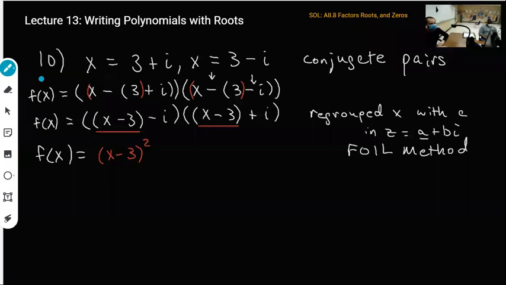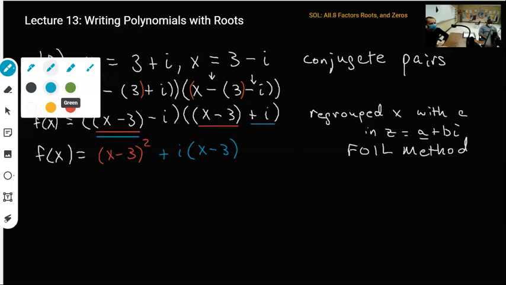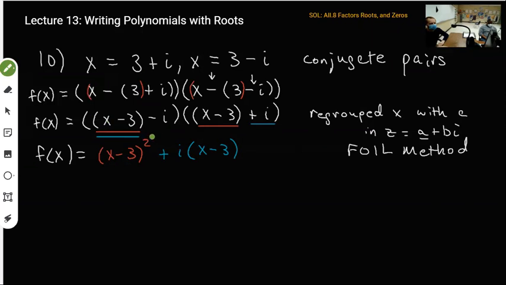The next letter of FOIL is O, so I'm going to underline the outer two terms. The outer two terms are x minus 3 and positive i. So I get plus i times x minus 3. Good. The next letter is I, so I'm going to change my color to green, and underline the inner two terms, the minus i and the x minus 3.